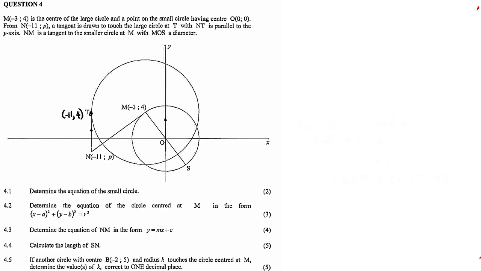What do people think here? So I have a circle. That circle with center B, I will draw it here. It touches the circle centered at M, right? It touches the circle centered at M.